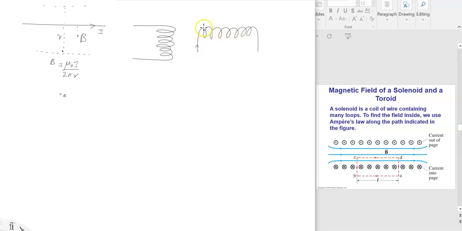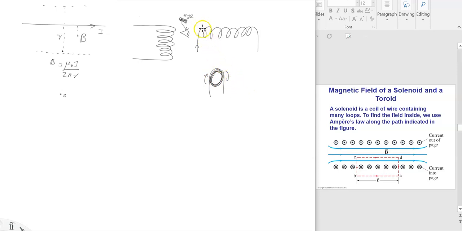So in these circles, if you look at it from the side, let's say this is the eye, the human eye, you're looking at it from the side, what you see is a bunch of circles like this. On one side the current is going in, on the other side it's coming out.